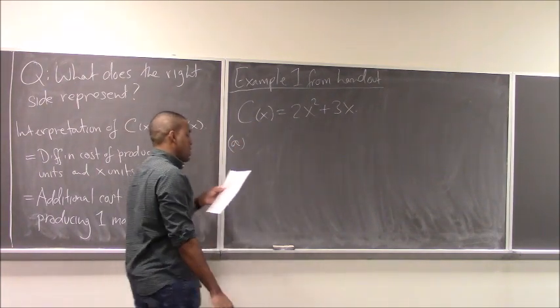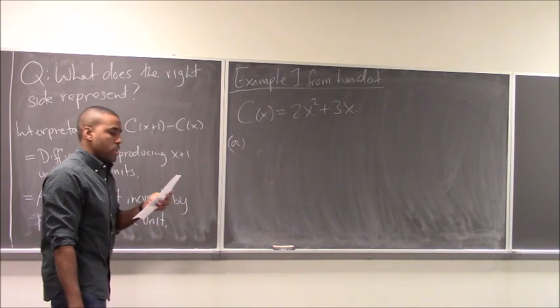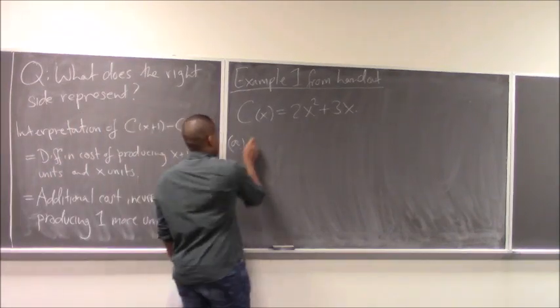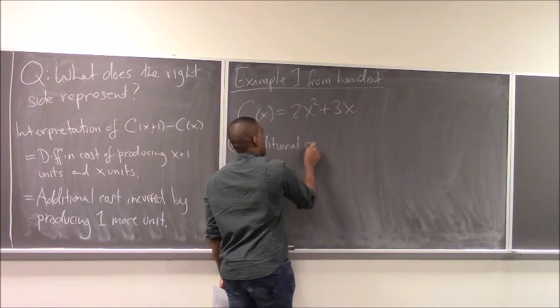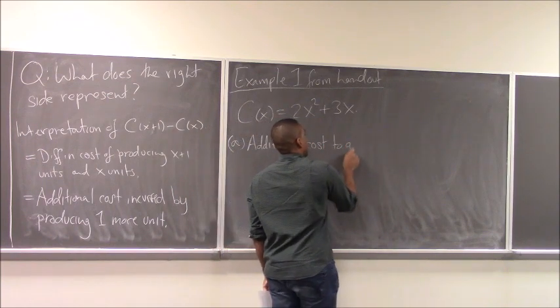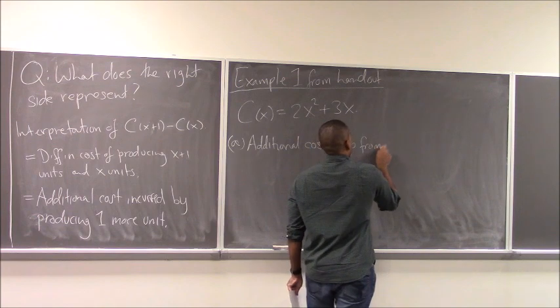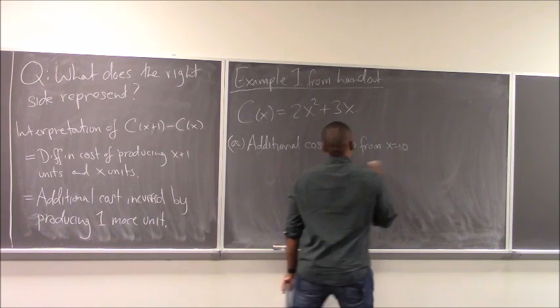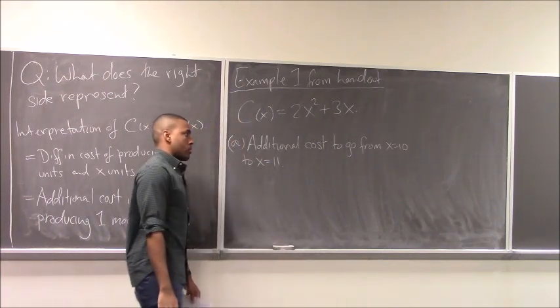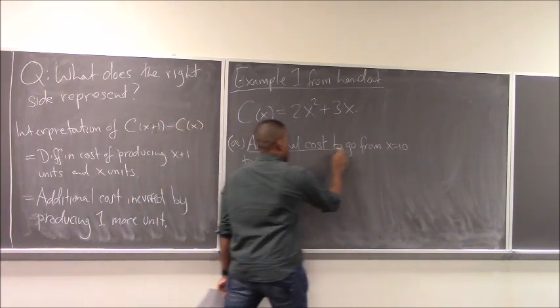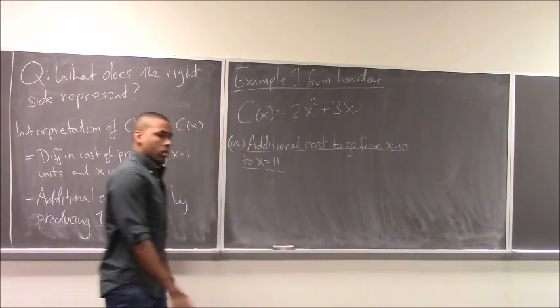So that's the situation we're in. Now A: what's the additional cost to raise the production level from 10 to 11? How do we do that?